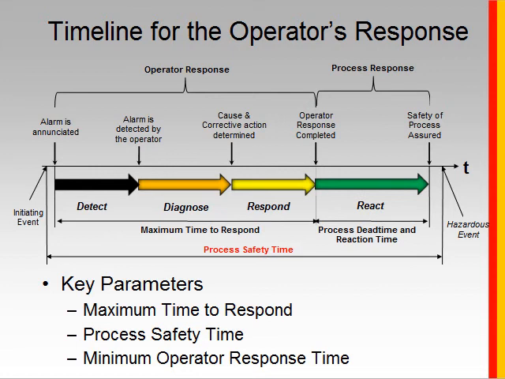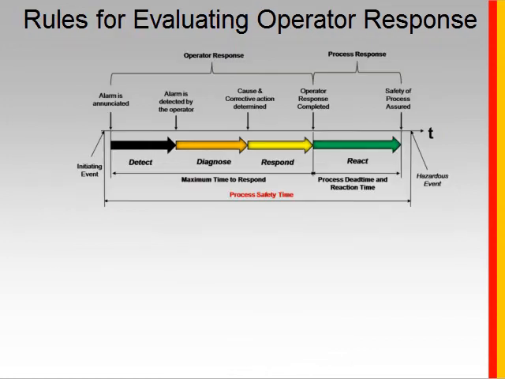That's the amount of time that, as a company or a site, you believe you must provide to the operator to have a good chance of responding to the alarm. So we're talking about something like 5 or 10 minutes, where you might say, if we cannot provide at least 10 minutes for the operator to respond, then we're not giving them an effective chance to respond successfully, particularly for a safety IPL alarm.